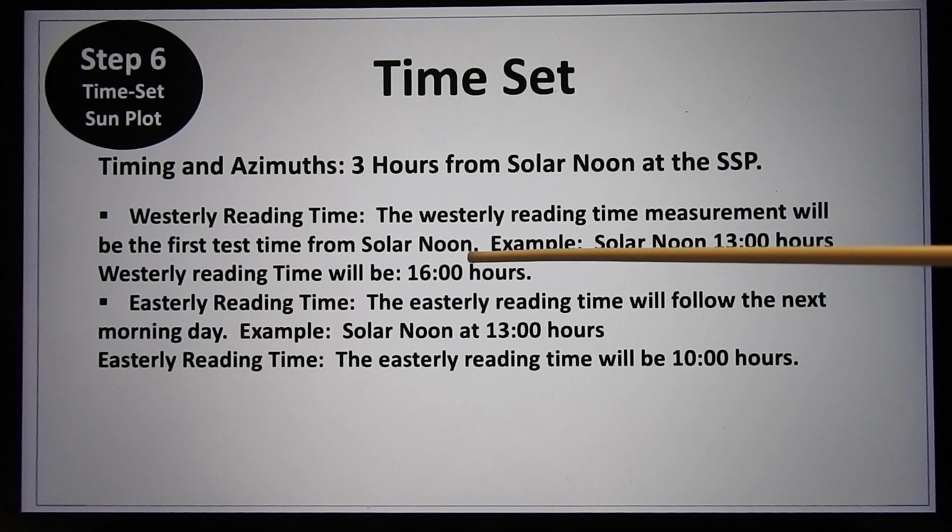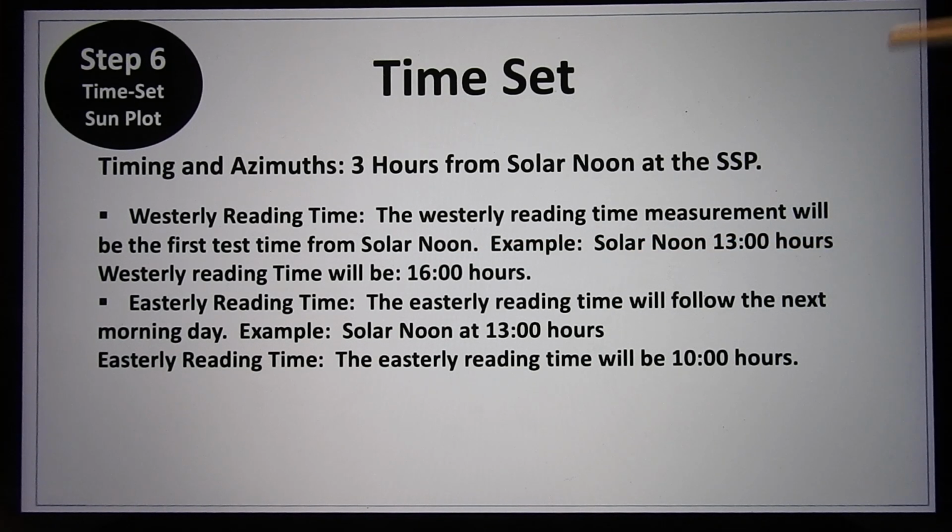So your first reading is going to be at 1600 hours, and then you're going to measure that azimuth and height to the sun and get that reading. Easterly reading will be the following day at 3 hours prior to solar noon. So again, if it was 1300 hours, your solar noon or your morning easterly reading time would be 1000 hours. And this is time set. It's at a set time when you're going to do it 3 hours. Again, testing that 45 degrees sector.